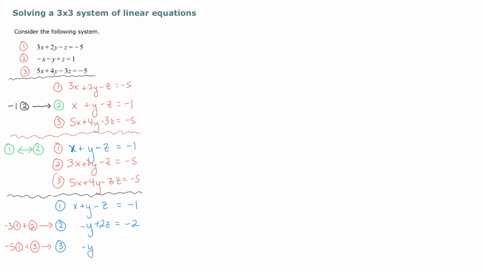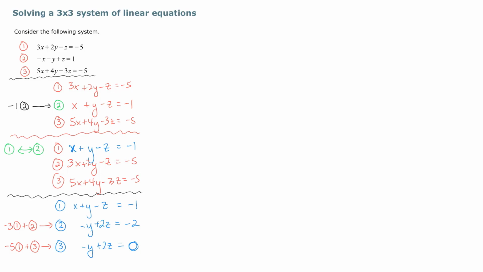And then we have 5z minus 3z, so we get plus 2z is now equal to, looks like we got 0. Yes, we got 0. It's now equal to 0.